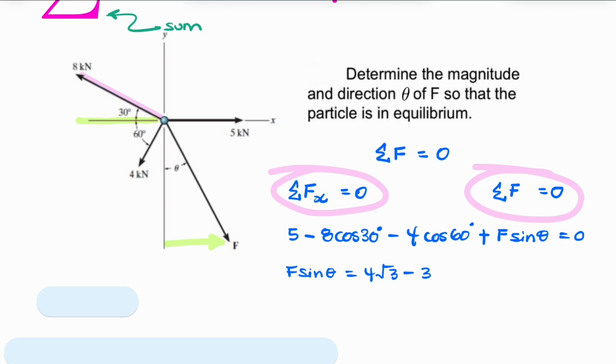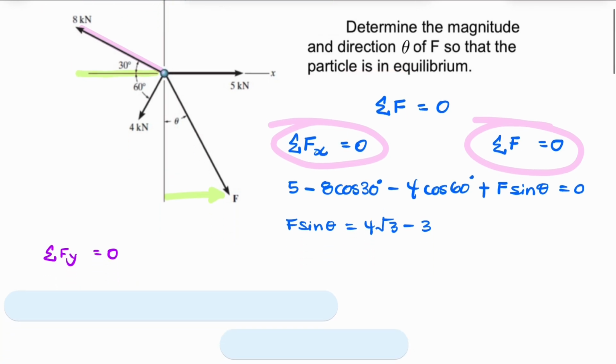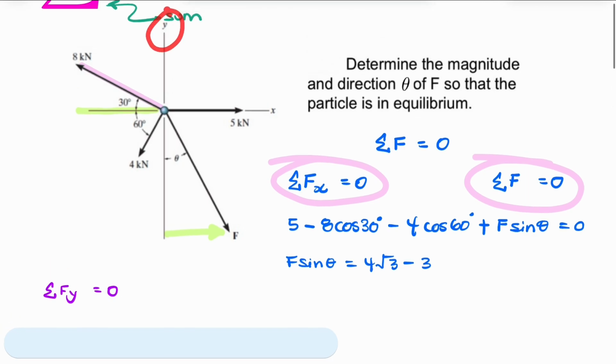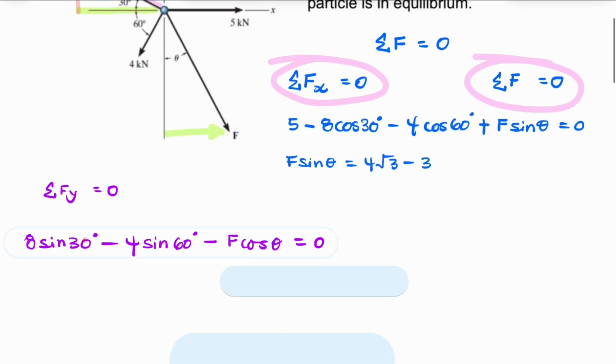Next, we look at the summation of the forces in the y direction. So it's these components. So I've rewritten that there. And again, I'm going to say positive y is positive in the upwards direction. So it'll be a positive 8 sine theta.